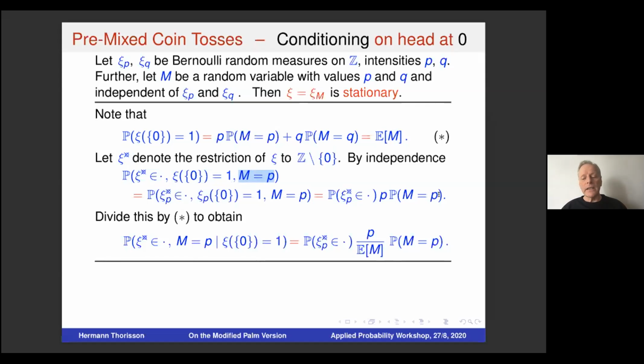And if we divide this by the probability of a head, we get the conditional distribution of the coin tosses outside 0, given M equal to P. It is this. It's now just independent P coins outside 0.